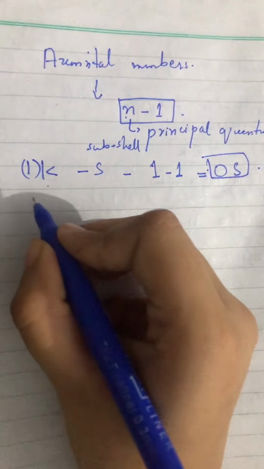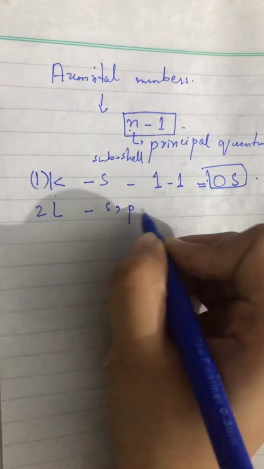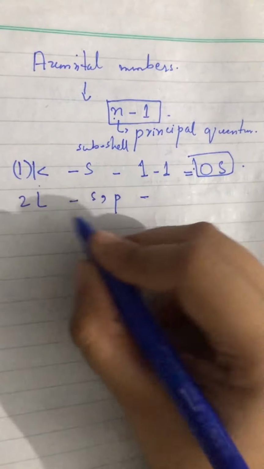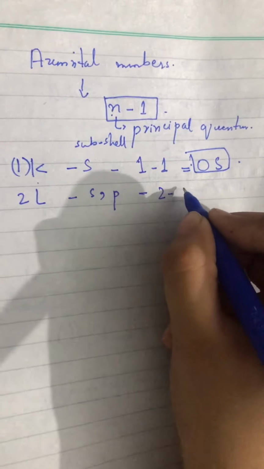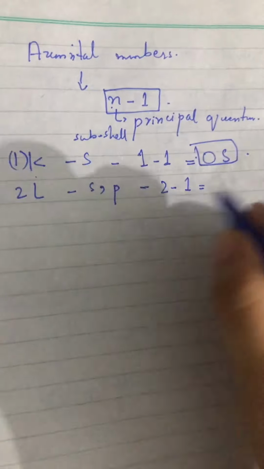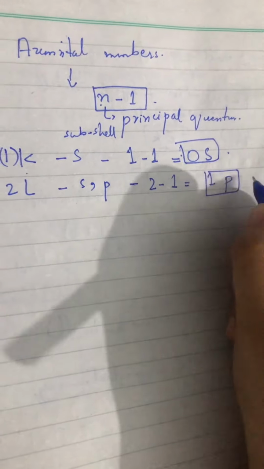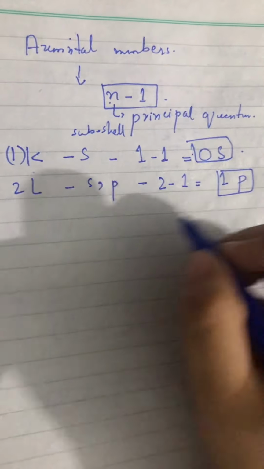Now if we talk about L, L has S and P subshells. Here it is number 2 minus 1. We found S, that is 0. Now for P, that will be 1. The azimuthal number of subshell P is 1.